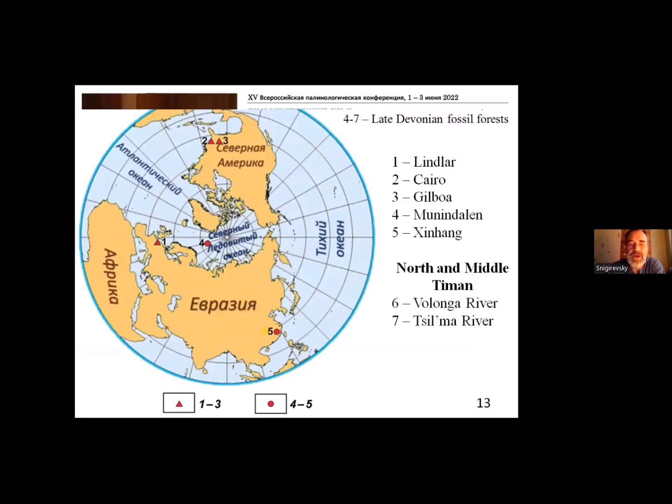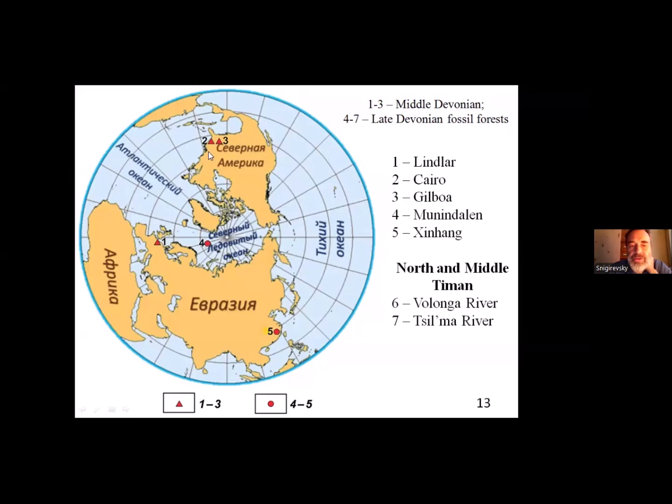These are the different localities with remains of ancient forests. There are three Middle Devonian ones: Schoharie and Gilboa in North America, Lindlar in Germany, Munçindalen on Spitsbergen, Svalbard, and the fifth one is Xinjiang.